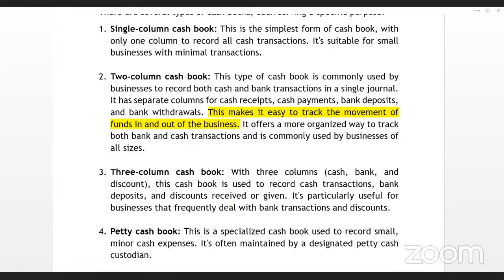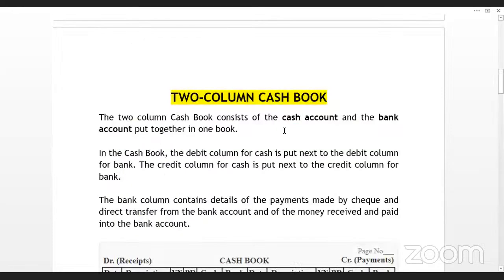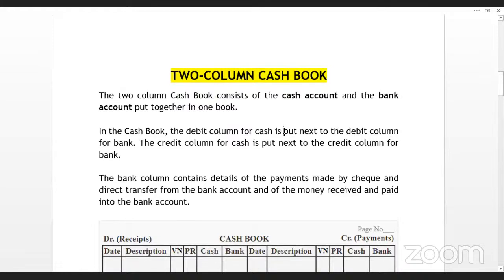Today we are strictly looking at a two-column cash book.